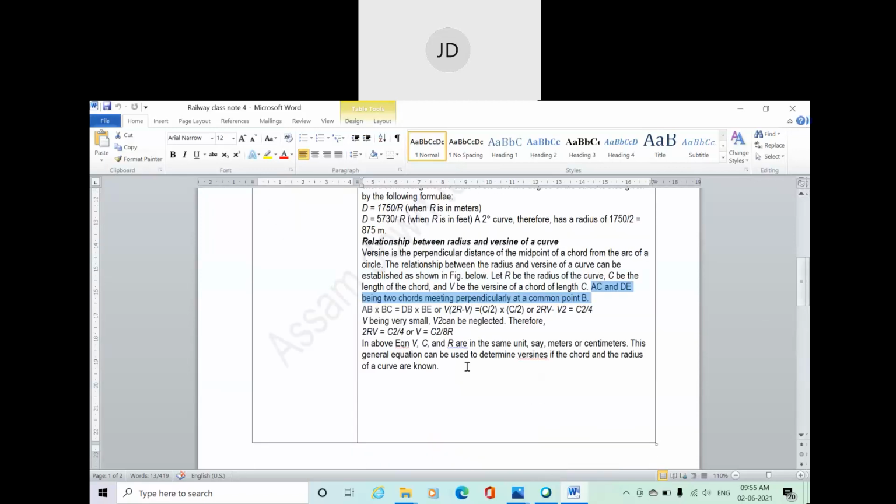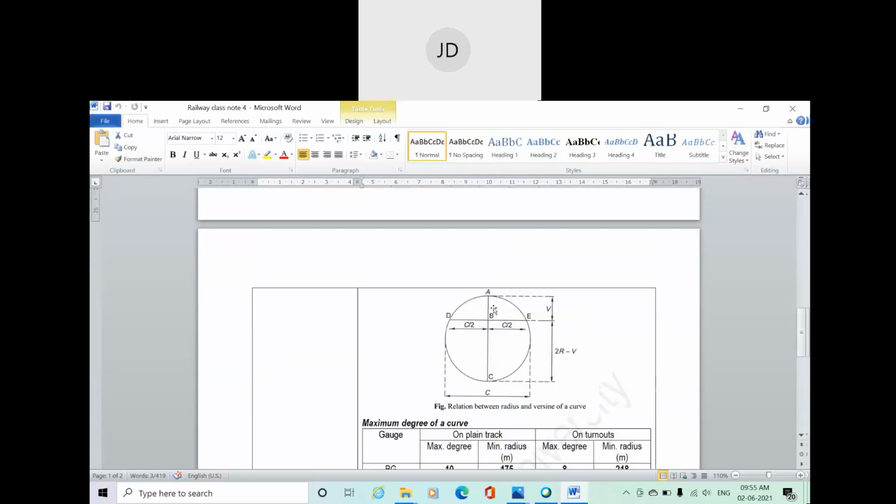That means this part multiplied by this must be equal to this part multiplied by this. It is a property of circle. Now we know AB represents V, and AC is the diameter of the circle, given by twice r, since the radius is r.